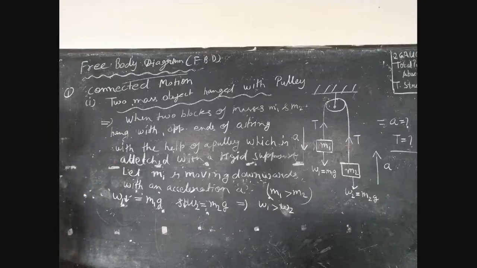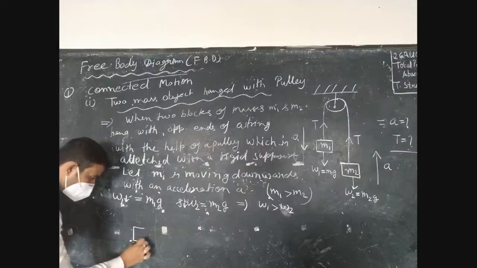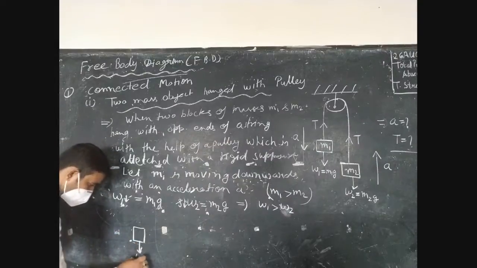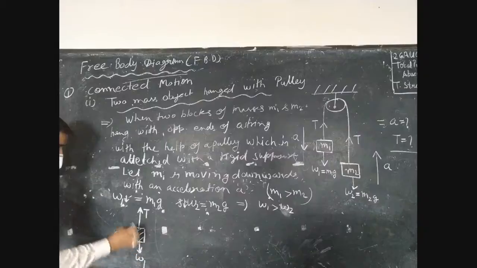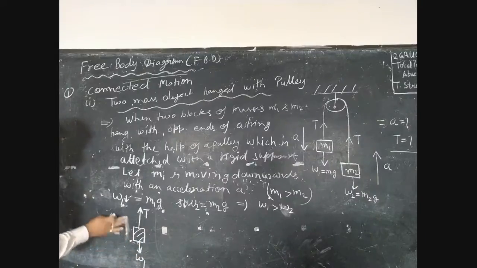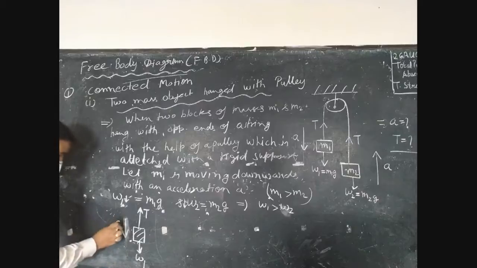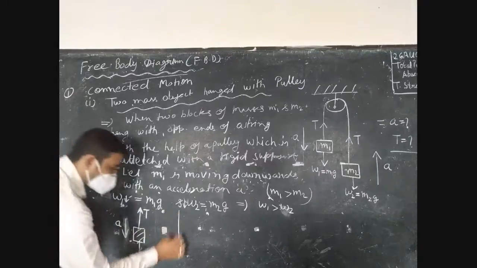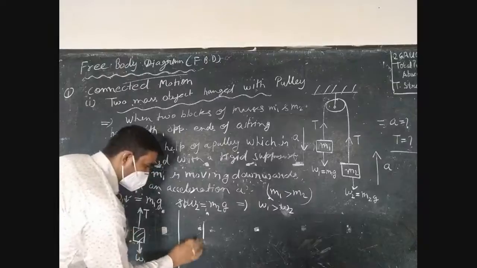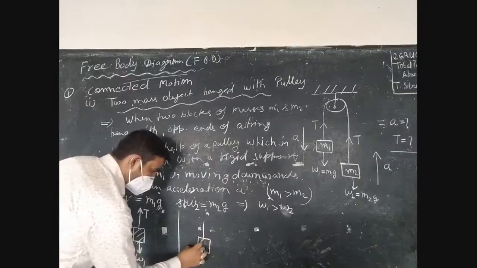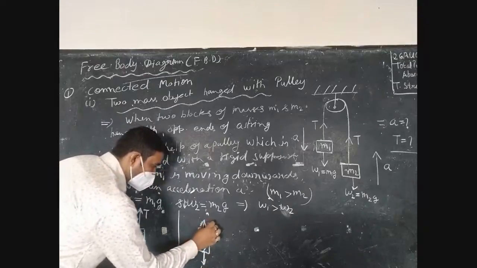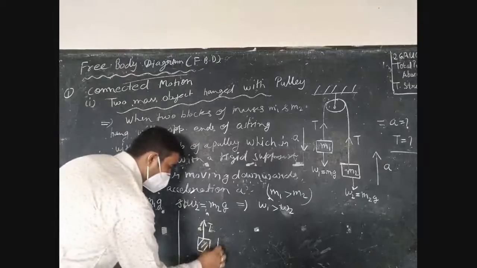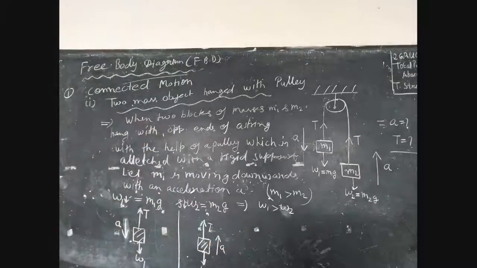Now make the free body diagram for each of the blocks. This is tension and the block is moving downward with an acceleration. And for the second block, whose weight W is working downward, and the tension appears in the block, we get that the block is moving upward.